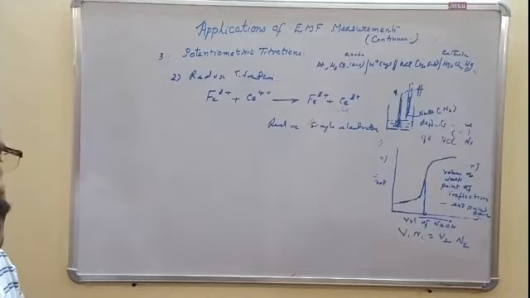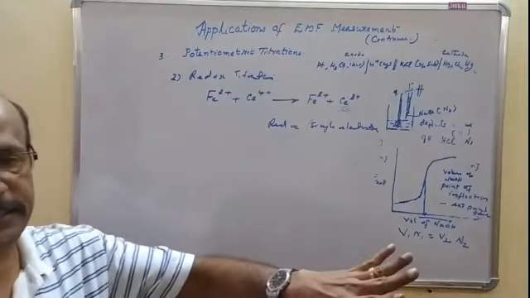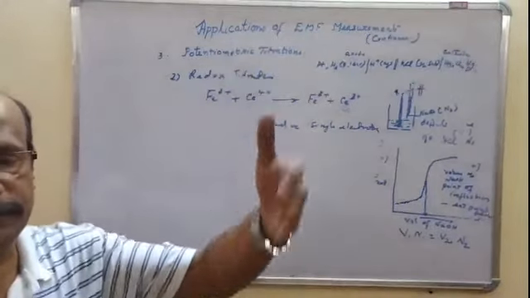The EMF of the cell changes on the addition of ceric sulfate or ceric ammonium sulfate, the titrant, from the burette.